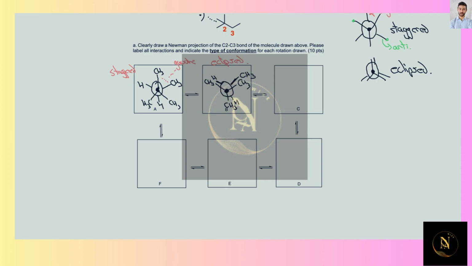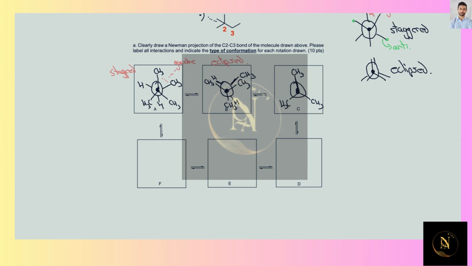Let's rotate again the carbon 2 atom 60 degrees towards the left. And now what we're going to get is essentially the same configuration as the first one. So now, after rotation of 60 degrees, we're going to get CH3, CH3, and CH3.